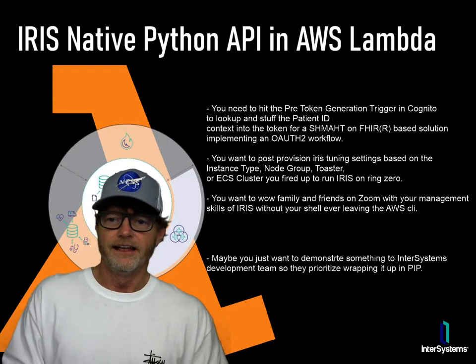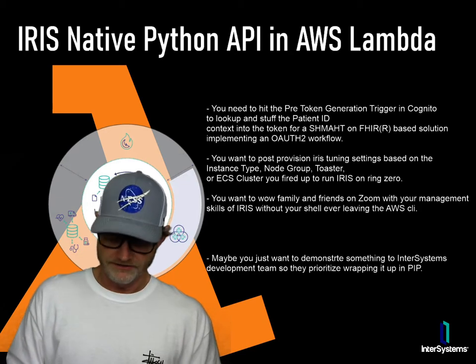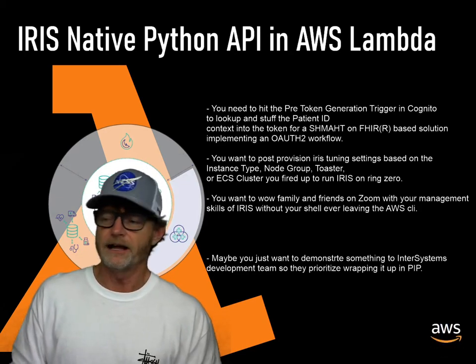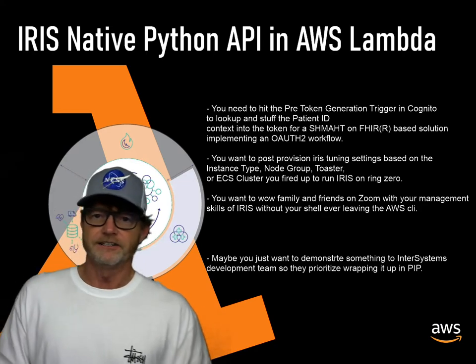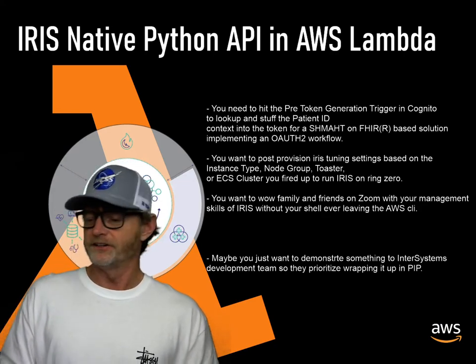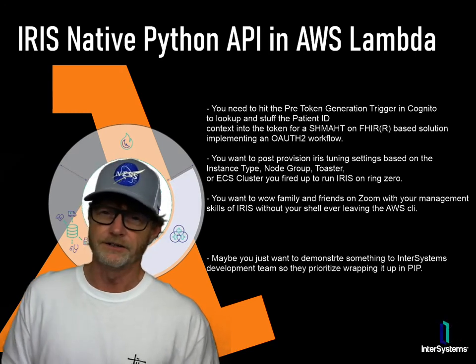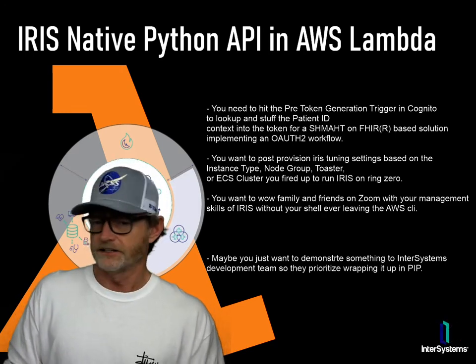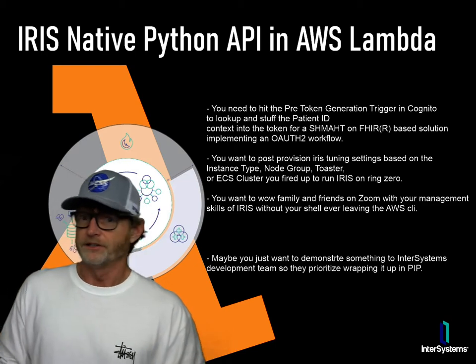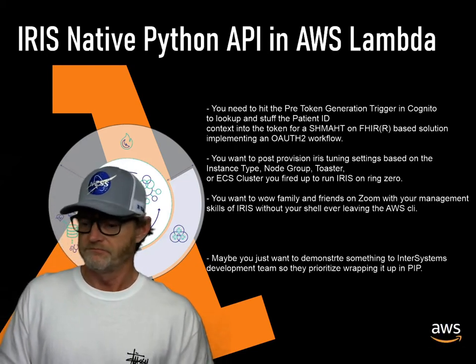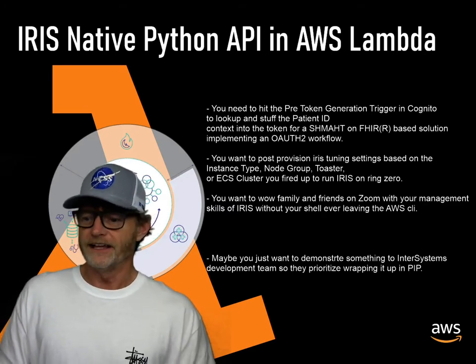So anyway, there are some use cases that I ran into, and if you're building a serverless app that's based on IRIS out there on AWS, you don't have to build for long to realize that you need to reach into those IRIS instances or that cluster to either get something, put something, set something, or restart something, or whatever you need to do on that instance.